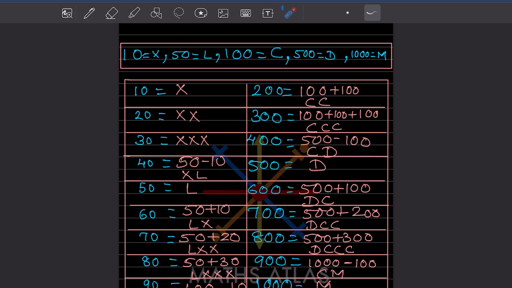For 900 we are going to write 1000 minus 100. Here again cross, 100 is C and 1000 is M. So 900 equals CM. And again, you have to remember this 1000 is M. This table also you can note in your notes. Okay, hope you got it.